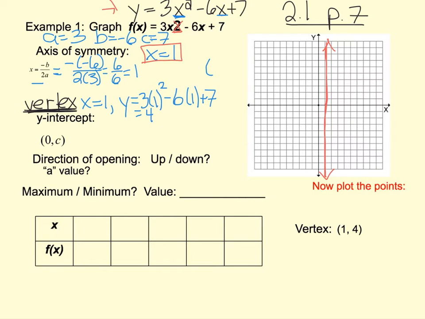So my vertex, oh, I keep writing x instead of 1. My vertex is 1, 4. And remember, vertex is always a coordinate point. Now I'm going to go ahead and graph my vertex. I'm going to go over 1 and up 1, 2, 3, 4. So there's my vertex.